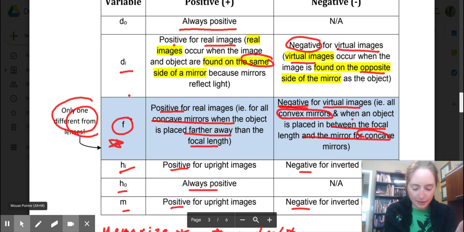All right. So we can determine if our image is going to be real or if our image is going to be virtual. Okay. If you want, we could always try and calculate our F, focal point. And if you calculate your focal point, you can determine the type of mirror that way. Another thing we could also do is we can determine, is this image going to be virtual or real?